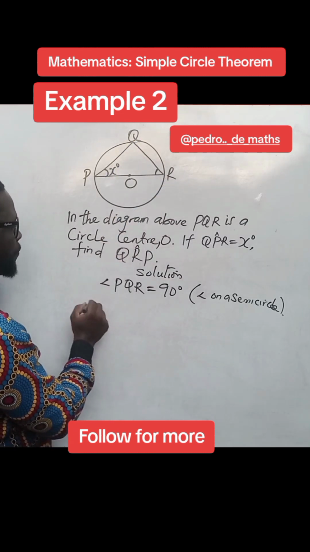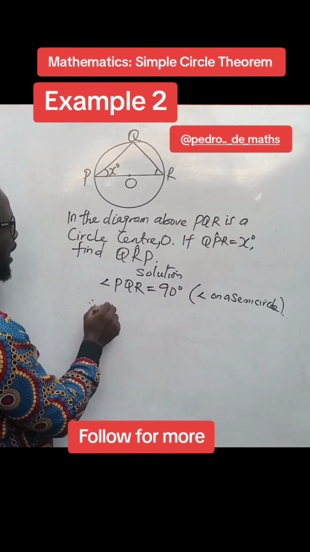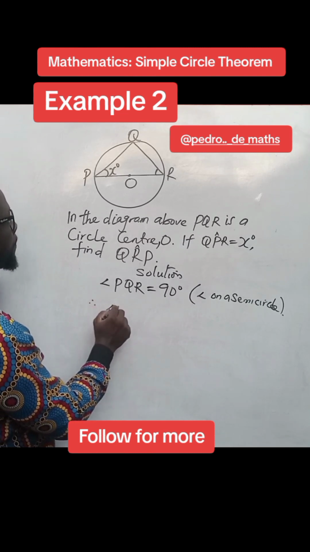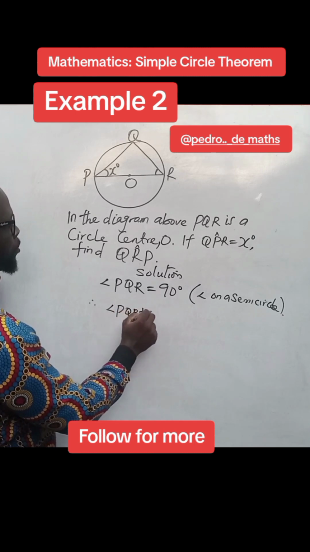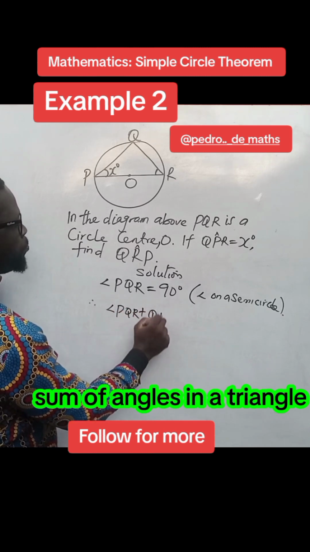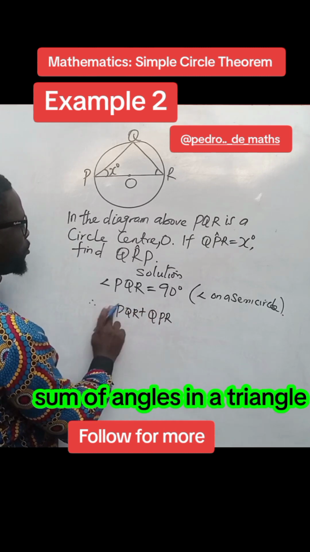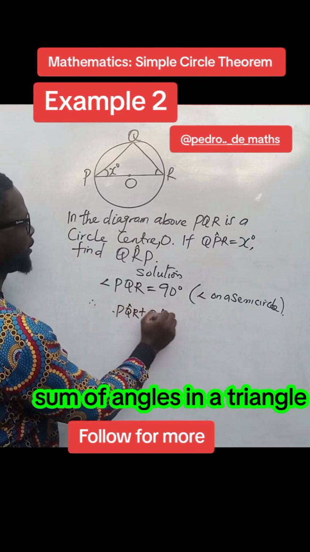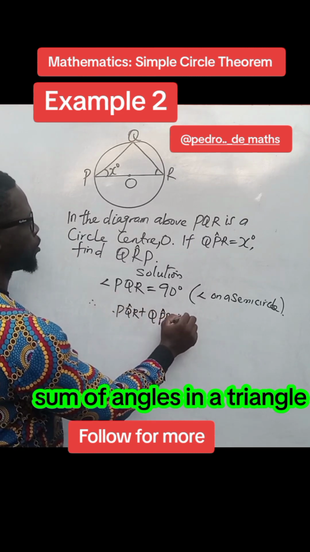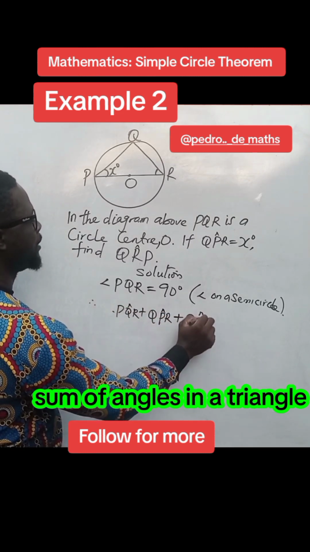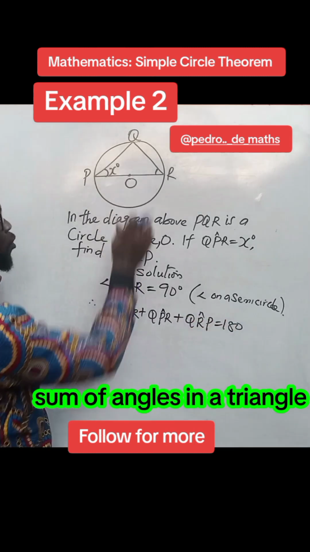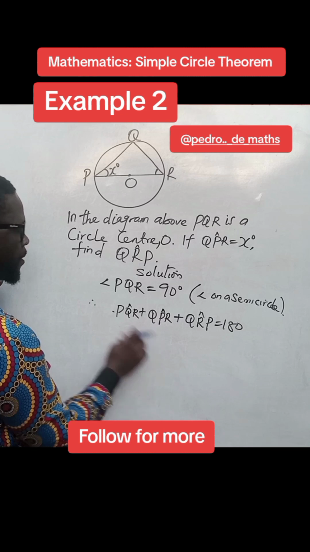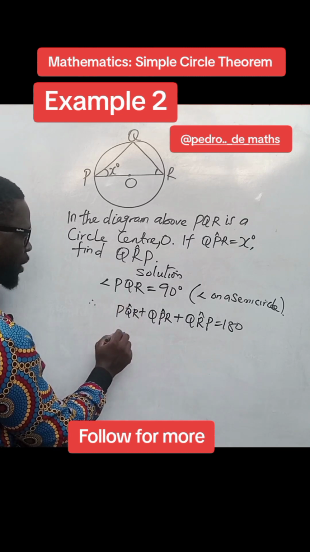So quickly, therefore, angle PQR plus angle QPR plus angle QRP is equal to 180, sum of angles in a triangle.